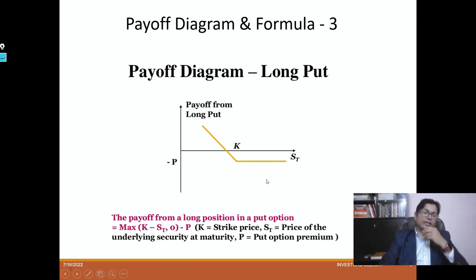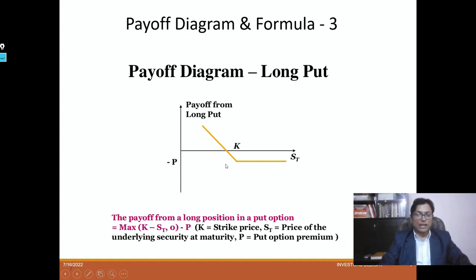Now the other thing is the put option. A put option is different from a call option. Here we buy a put option and we gain when the stock price decreases. As long as the stock price is increasing beyond K, we are in a loss of minus p, that is equal to the put option premium.